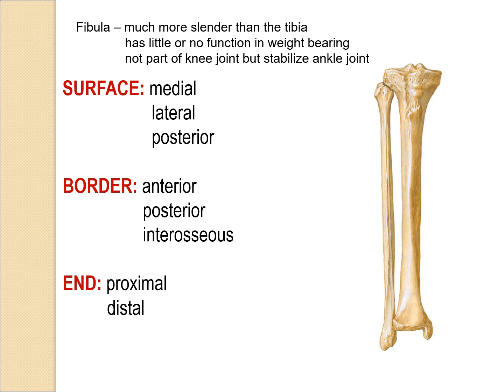It has upper and lower ends, and also it has a shaft. Shaft has 3 different surfaces: medial, lateral, and posterior, and it also has 3 different borders: anterior, posterior, and interosseous border.